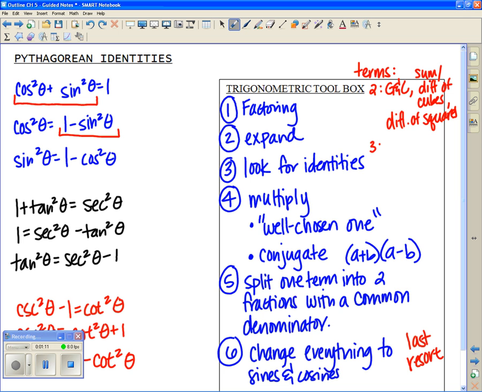When there are 3 terms, it's usually guess and check. And when there are 4 terms, it's factor by grouping.